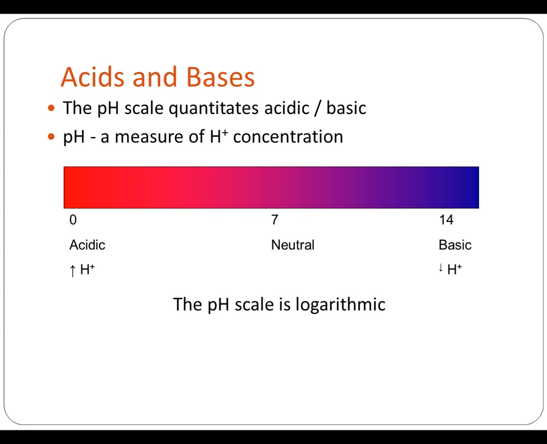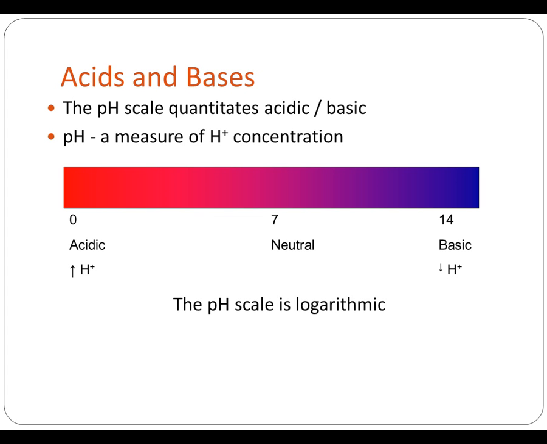By the flip side, so let's go all the way to the other side. Solutions that are basic or alkaline have probably what? Low or maybe even no levels of free hydrogen ions. I'll just clarify that it's a low concentration of free hydrogen ions. They may be present, they're just bound to something else.